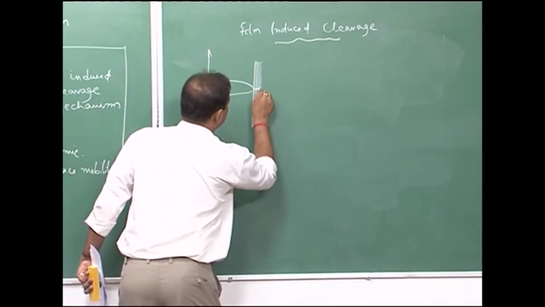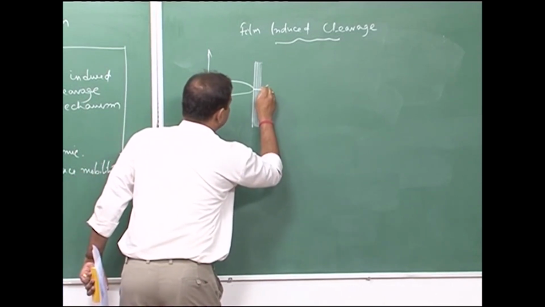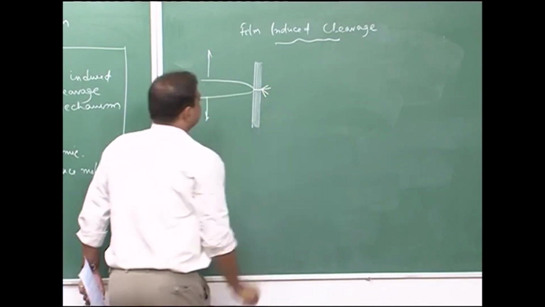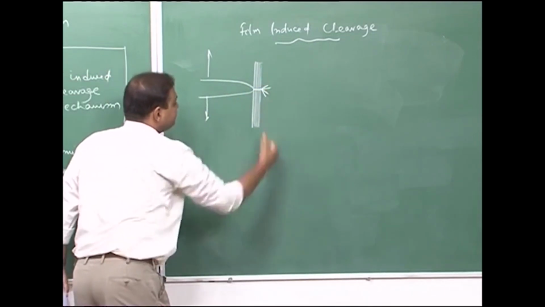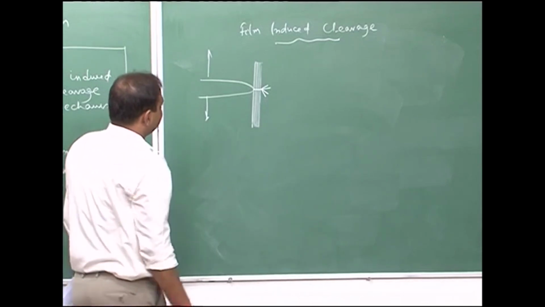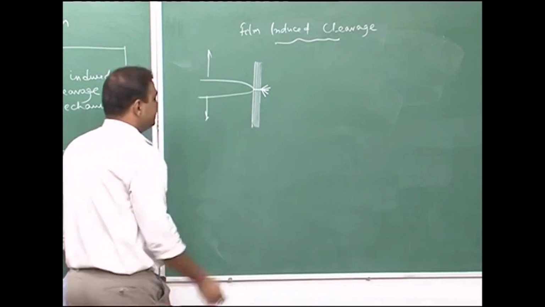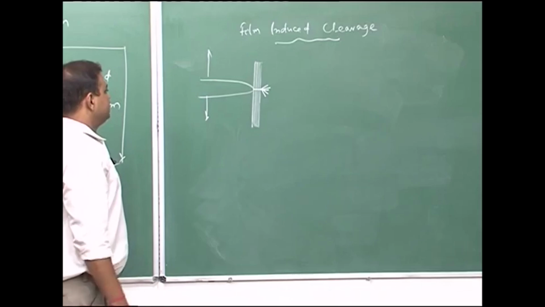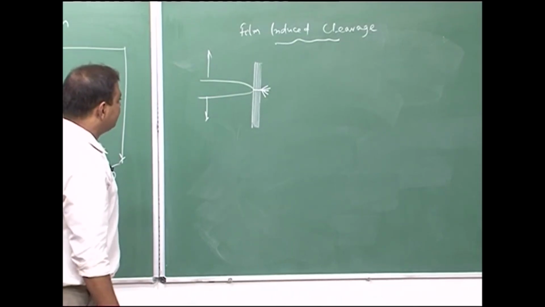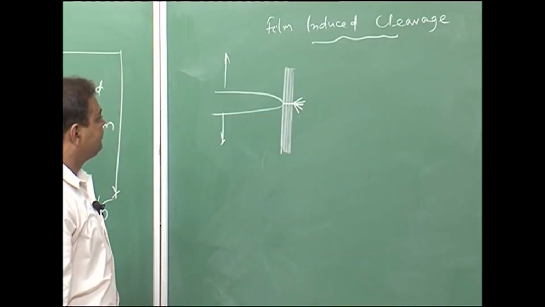So, there would be a sharp crack formation, and that crack can also get into the adjacent metal volume, and there would be a little extra growth of this brittle crack in the metal volume, before it is getting stopped because of the tough matrix, and there would be crack tip blunting because of the local deformation.